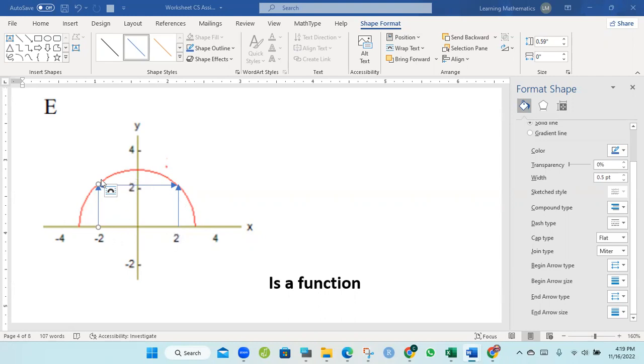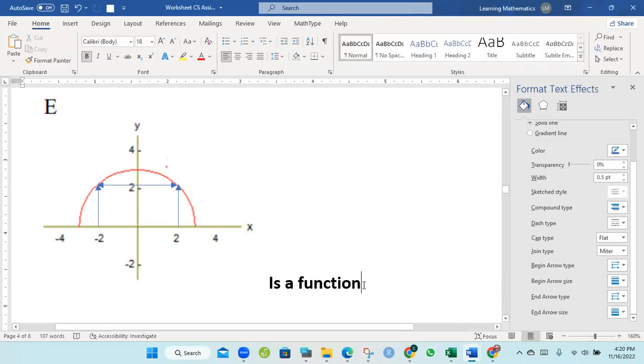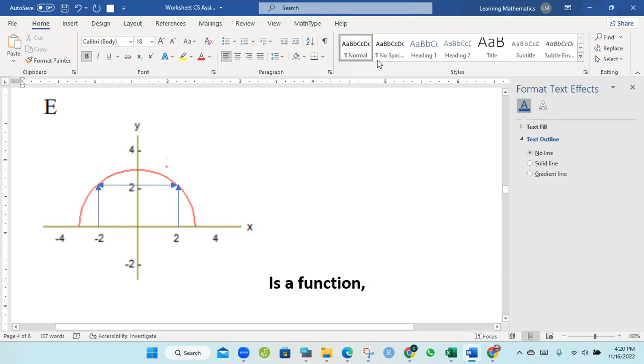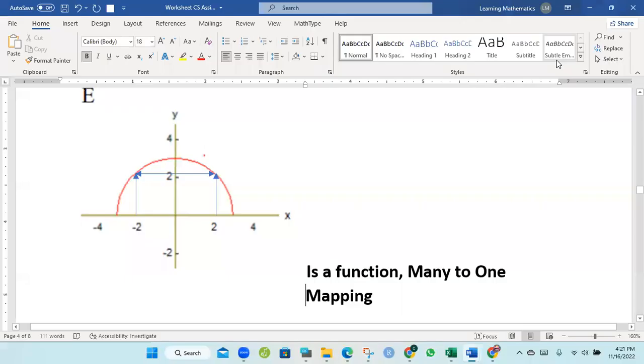You see how 2 goes there and goes across, meets there. -2, which is another x, goes up and goes across, and they meet here also. Both -2 and 2 meeting at the same place, so many going to 1. So that's a many-to-1 mapping. It's a many-to-1 function. So in conclusion, E is a many-to-1 mapping.